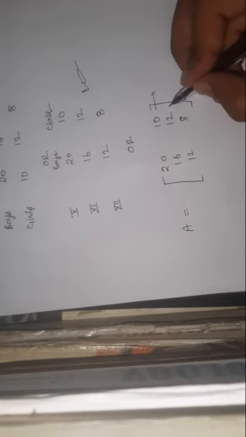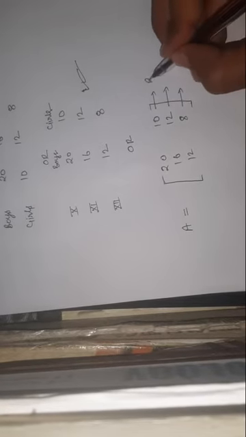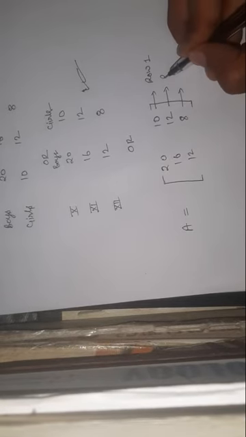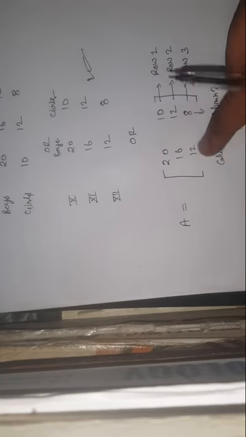Horizontally it is known as rows: row 1, row 2, row 3, and vertically it is known as columns: column 1, column 2. Now, what is a matrix? A rectangular representation or arrangement of elements in the form of rows and columns.